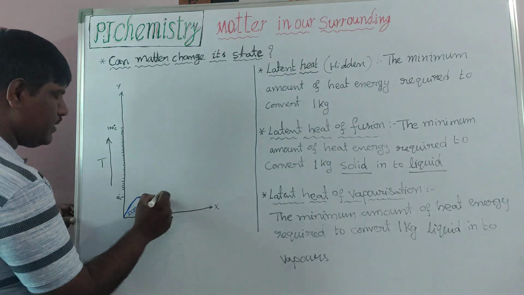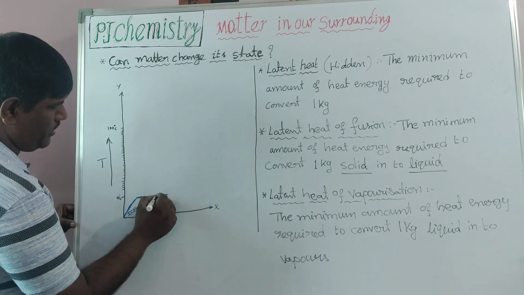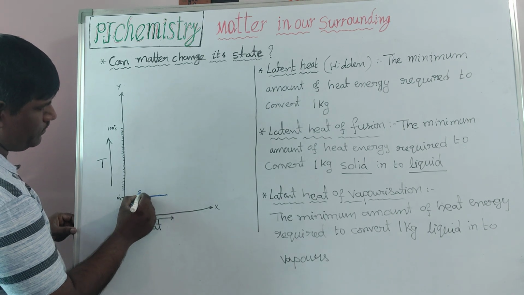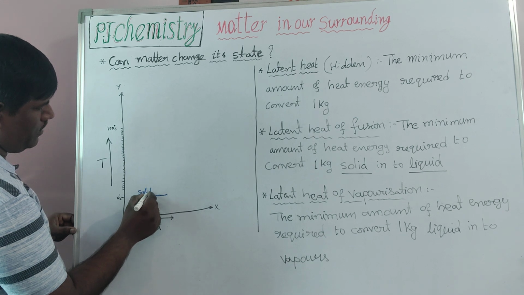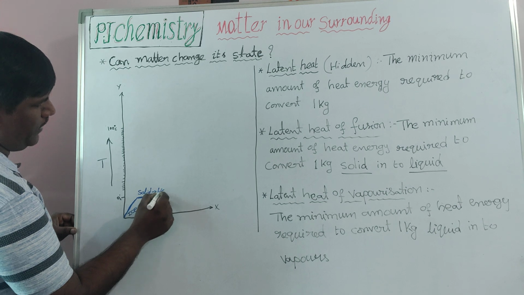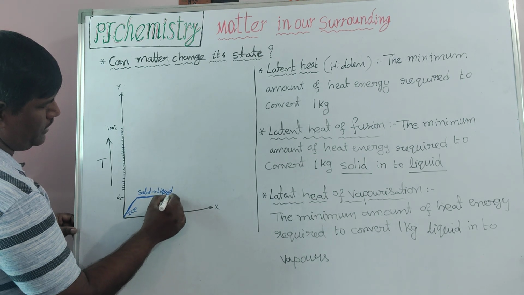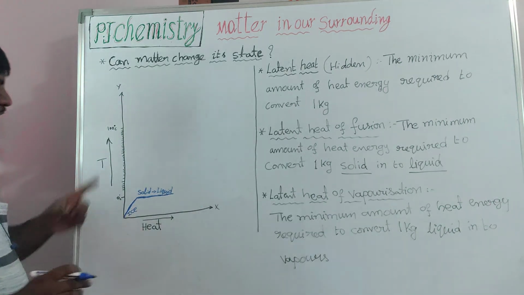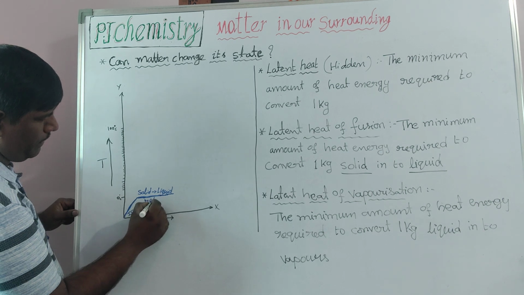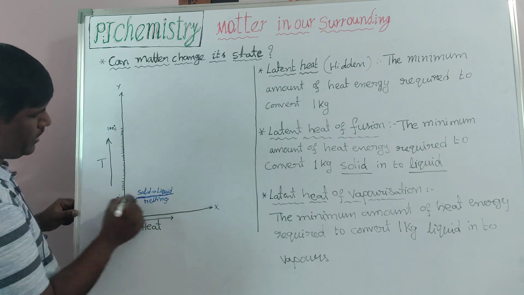This is phase transition, solid to liquid. Temperature is constant here, 0 degrees Celsius. This area we call melting, and that temperature we call the melting point.